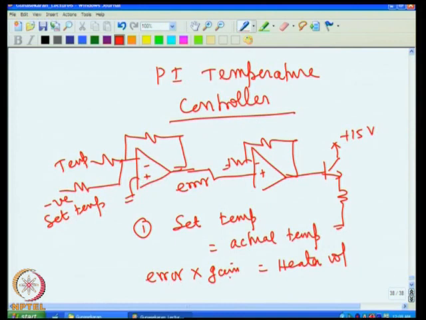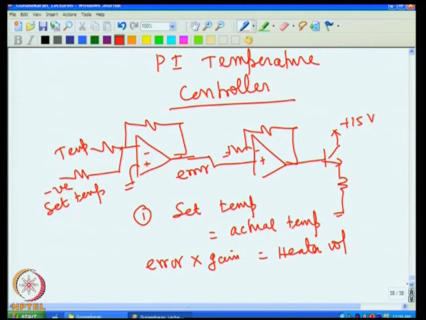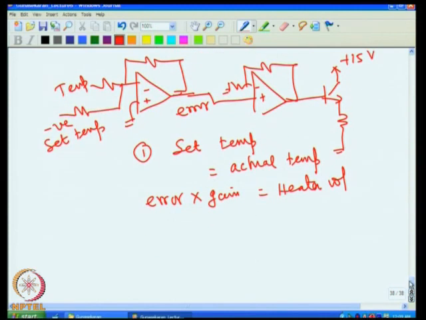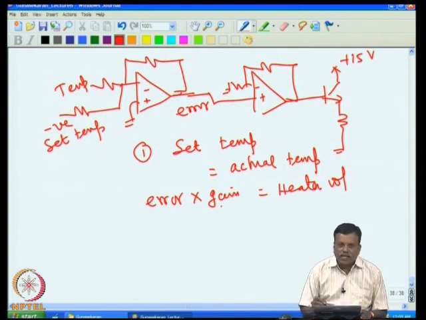But if you increase the gain, then the error will come down. But then you might have seen that if you increase the gain, the system tries to oscillate, and this creates a problem. So first we see how to reduce this error, because if the error is not there, then there is no problem, we can reduce the gain, and oscillation also will not be there.